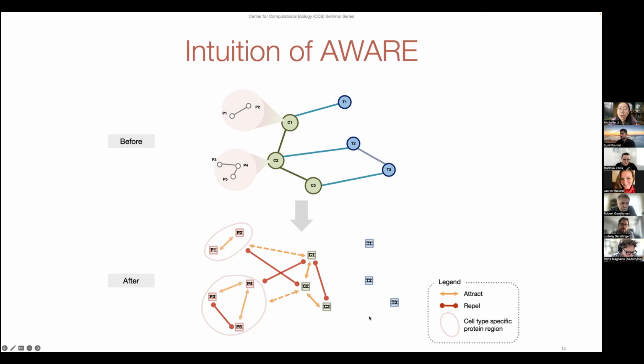Cell type embeddings of cell type nodes that share an edge are attracted to each other, otherwise they're repelled. And the same is true for cell type and tissue nodes that share an edge. They are encouraged to be close by. Similarly, tissue nodes that share an edge are embedded nearby or far apart otherwise.